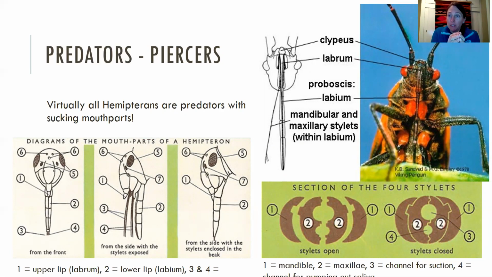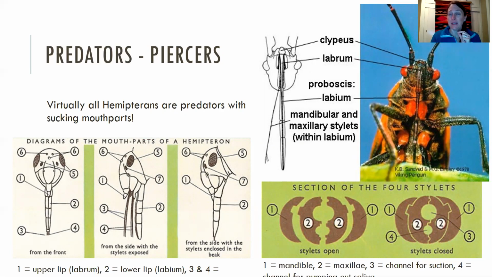And when they're put together, they make basically two pipes. So you can see in the bottom right-hand corner, the four stylets when they're open versus when they're together. When they're together, they can use the channel that's numbered 3 to suck things out, and channel number 4 for pumping saliva into the organism.